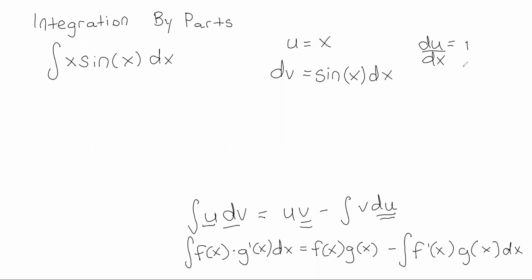And a lot of people don't understand this part, but this is how we go from having du dx to just having du on one side and dx on the other. So we start with the derivative. This is the conventional notation for a derivative, but then what we do in an integration problem like this one is we multiply both sides by dx.